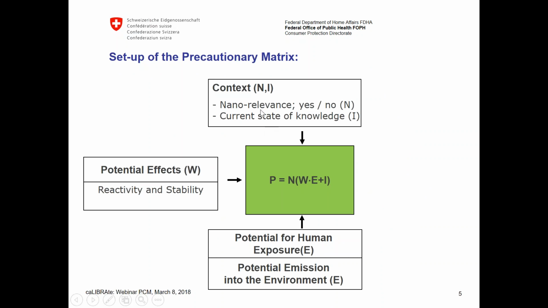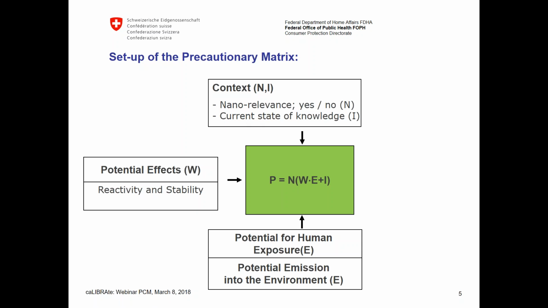The first one is the context module, which you are seeing here. In the context module, the nano-relevance will be clarified. We will come to this later on, and after that you have to answer some questions about the current state of knowledge.